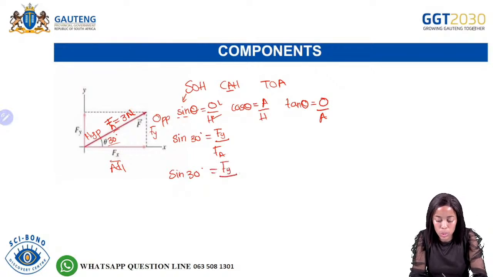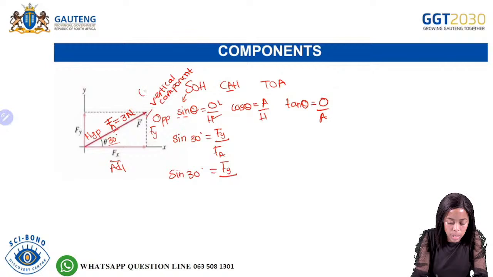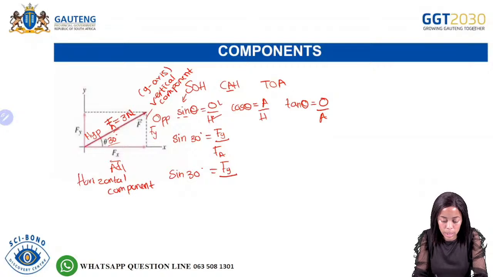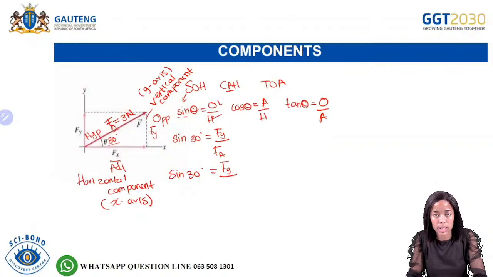Let's say you are asked to calculate the vertical component. Fy represents your vertical component, which is along the y-axis, and Fx represents your horizontal component, which is along your x-axis.